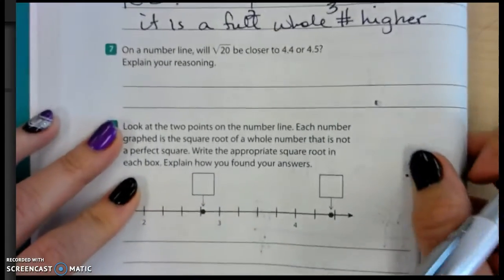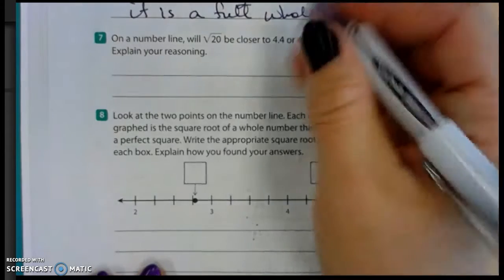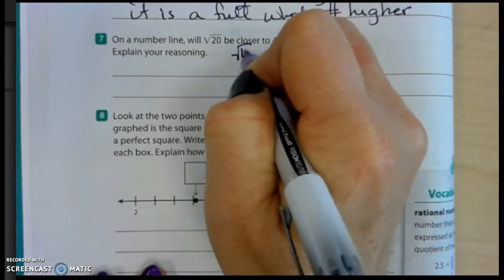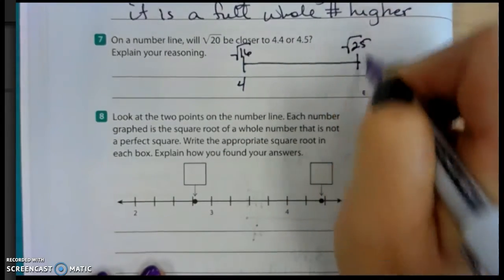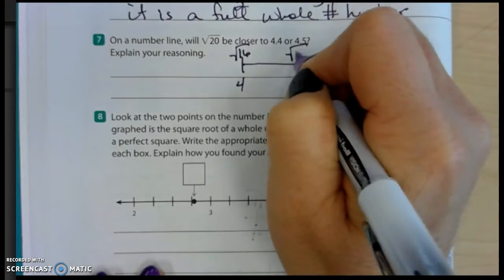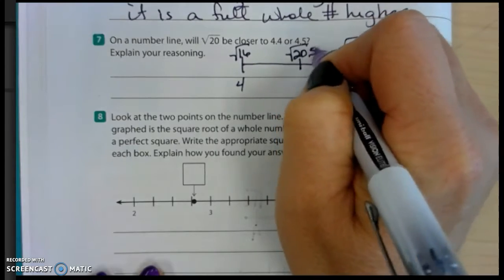Number 7, on a number line, will the square root of 20 be closer to 4.4 or 4.5? And explain your reasoning. If you're looking at a number line, you're going to have the square root of 16, which is 4, and the square root of 25, which is 5. Halfway between there would be the square root of 20.5.